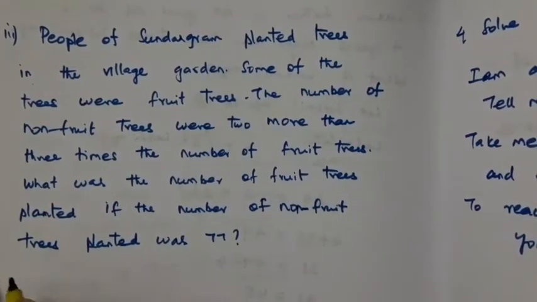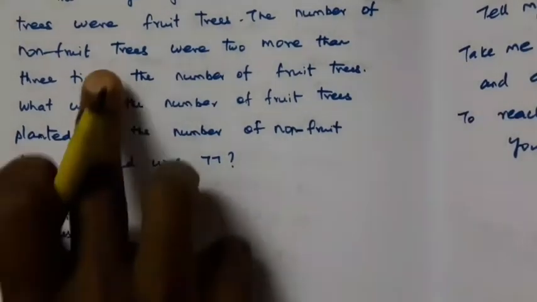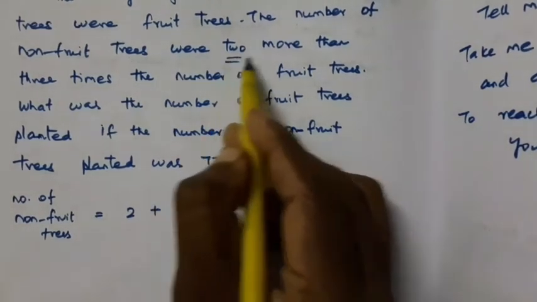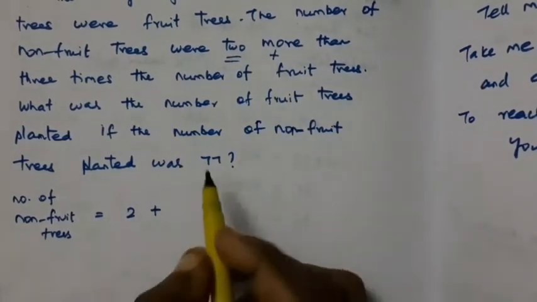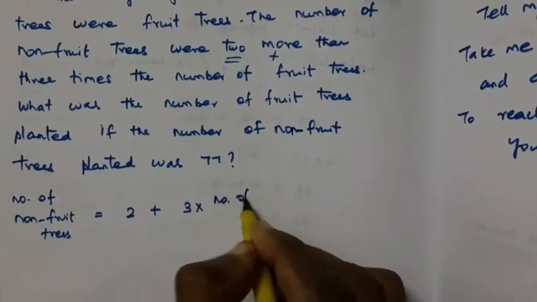What is given is the number of non-fruit trees is 2 more than, which means plus, 3 times the number of fruit trees.